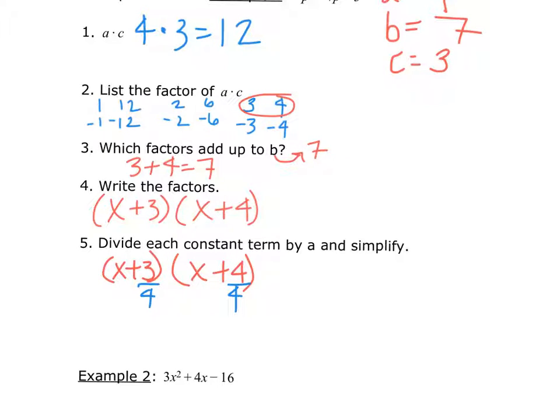Each constant term, the 3 and the 4, gets divided by a. We're going to simplify. So now, x plus 3 over 4. Does 3 over 4 reduce or simplify? No. So I'm going to take that denominator, 4, and write it out front. I'm going to have 4x plus 3.